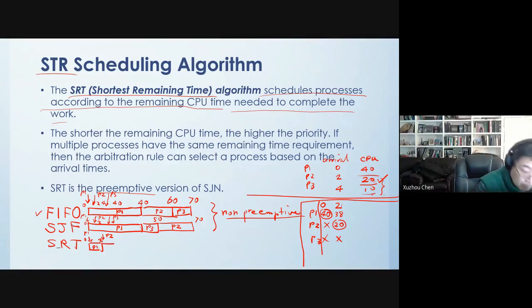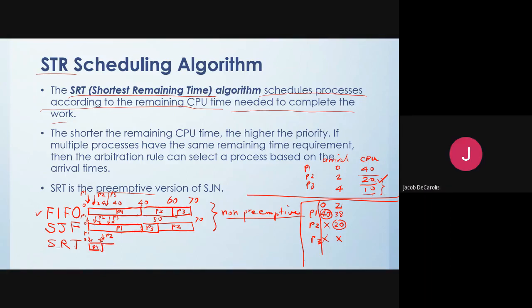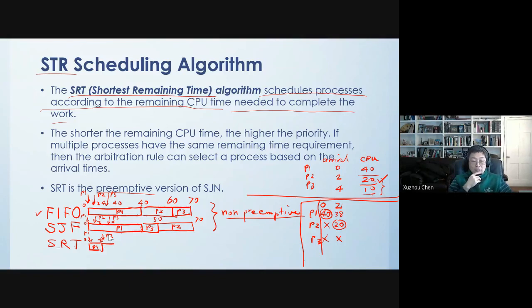Professor, just a quick question. What would happen if process 2 took 38 time units, so both P1 and P2 had 38 left? Would it continue with process 1? That's a good question. It basically depends on the scheduling. Some schedulers, if you have two processes with the same CPU time, will randomly pick one. So in certain circumstances, if P1 is unlucky, it will be kicked out and replaced by process 2.